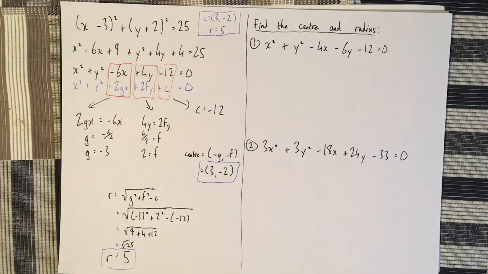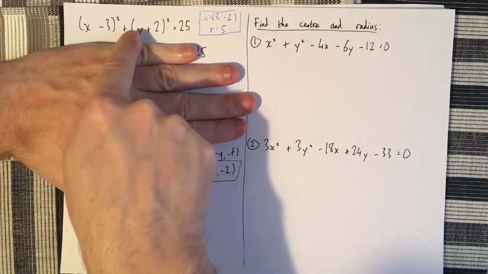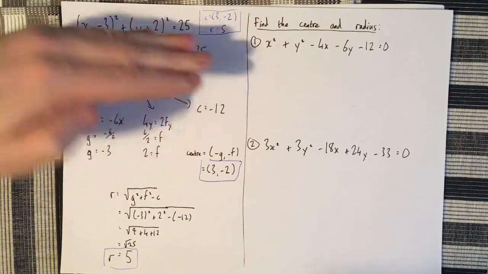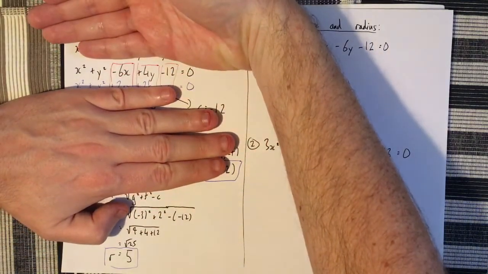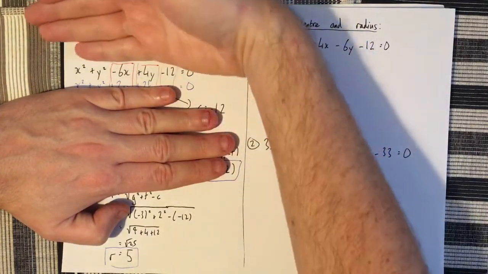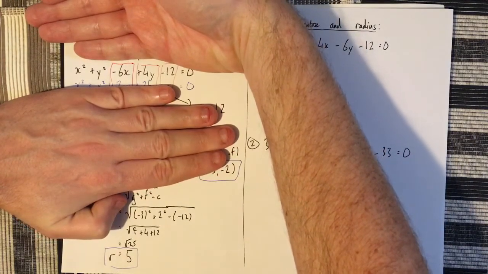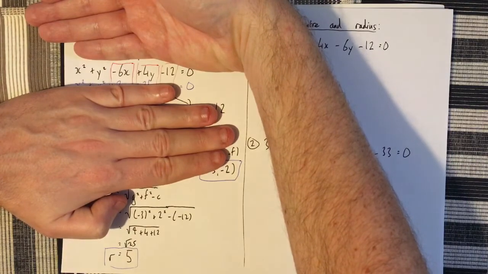Okay, so if you get your equation in this form here, absolutely just use that h and k and r squared formula, and there's your center and your radius. Okay, if you get the equation in this form here, you're not really going to be able to get it back to this. So if you get it in this form here, then you're using the g, f, and c formula to get the center and the radius.